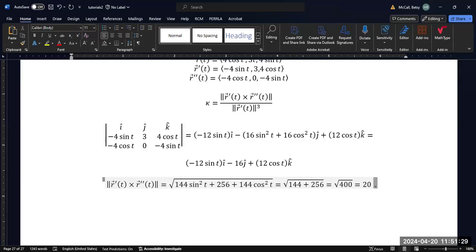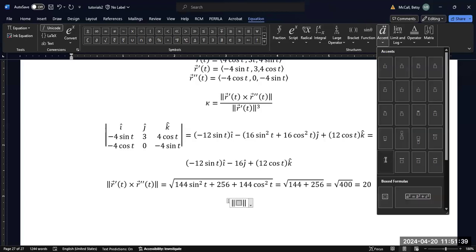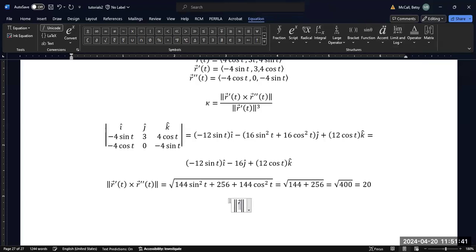And if I find the magnitude of r prime of t, then that is going to be, that's up here.